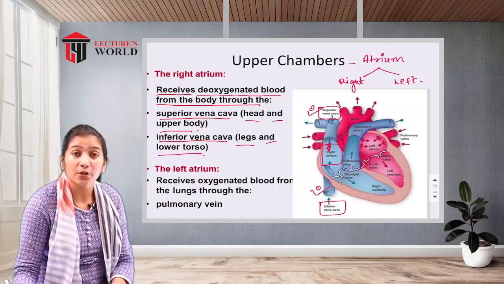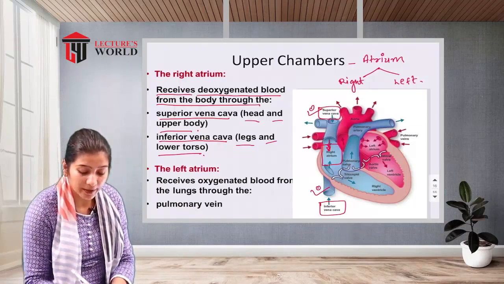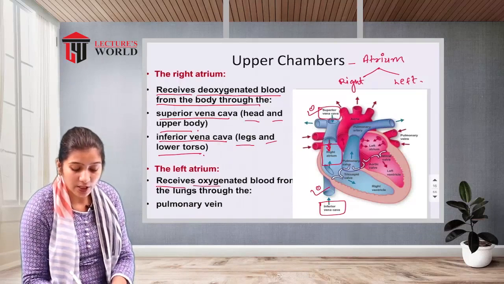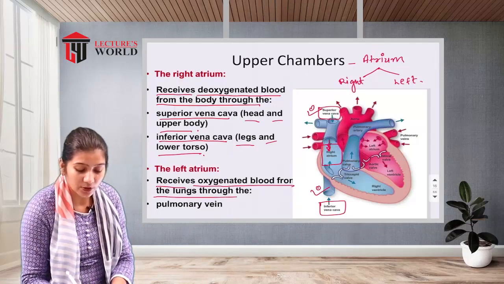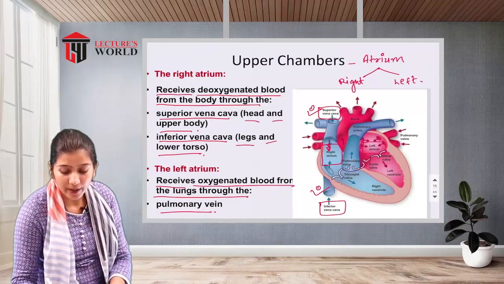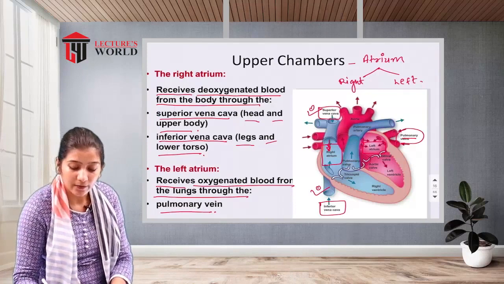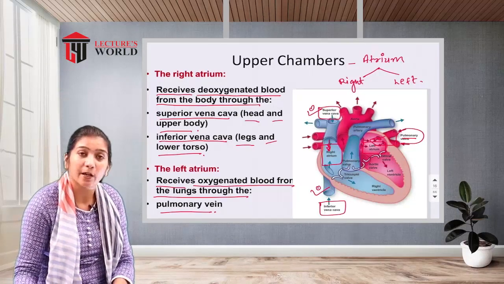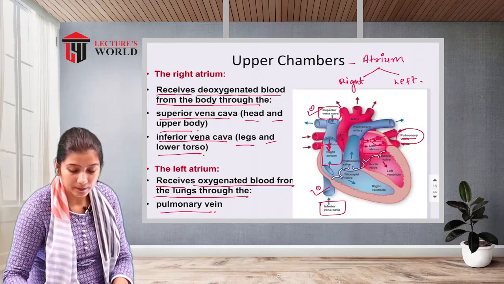Now what is the function of the left atrium? The left atrium receives oxygenated blood from the lungs through the pulmonary vein. Here you can see the pulmonary vein giving the oxygenated blood to the left atrium.